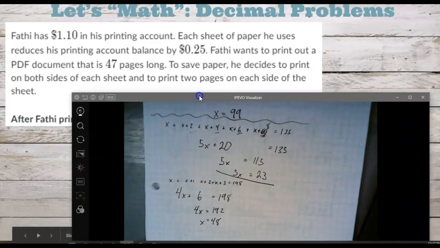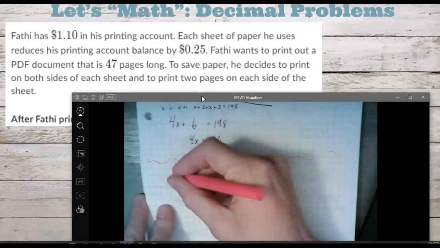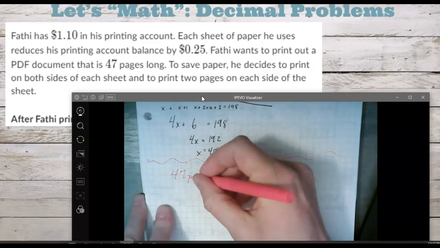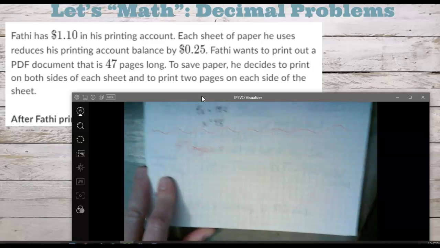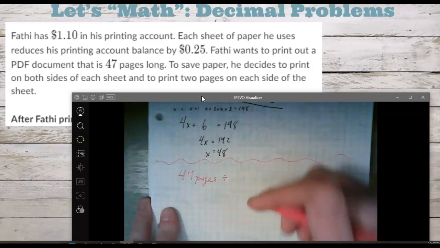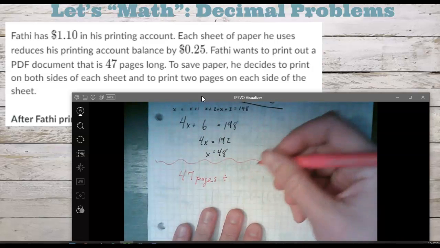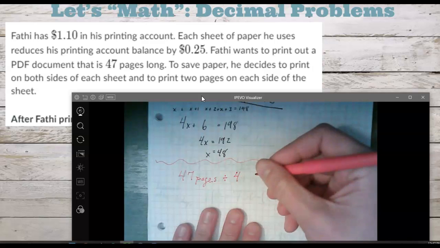4, right? So if we were going to write this out, we could say our 47 pages that we need to print divided by 4 on each sheet.